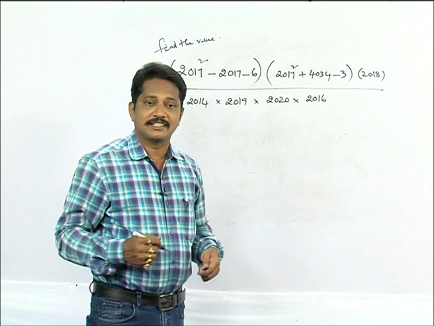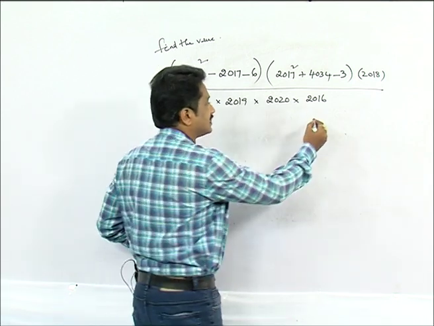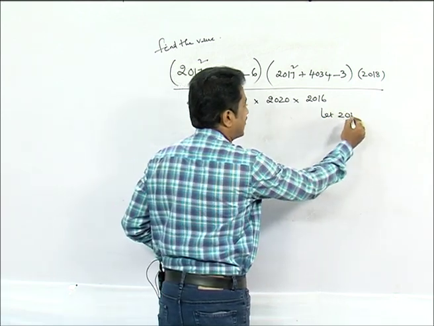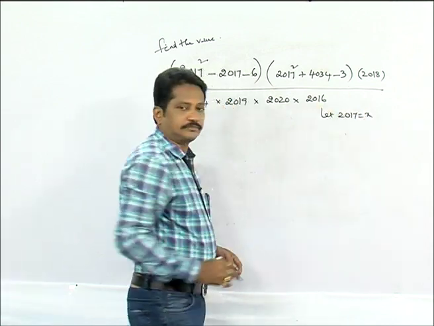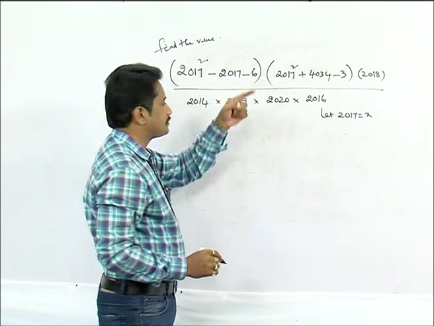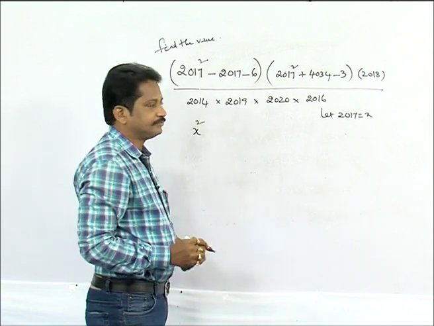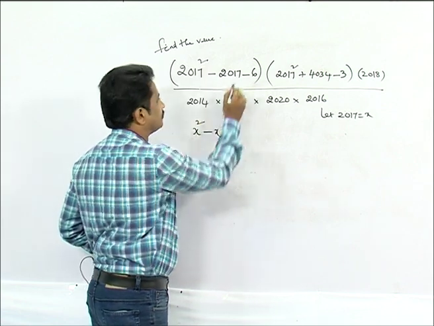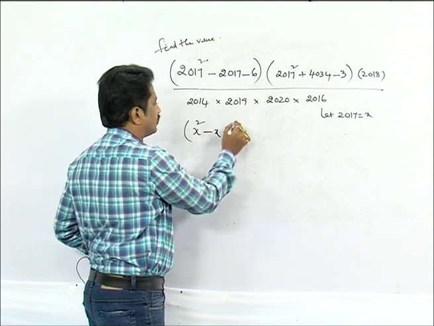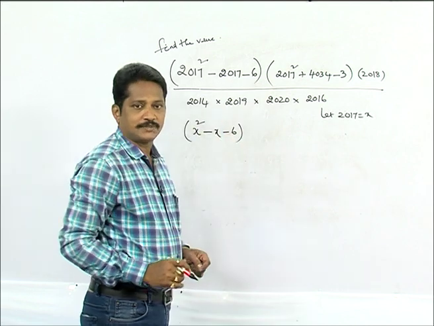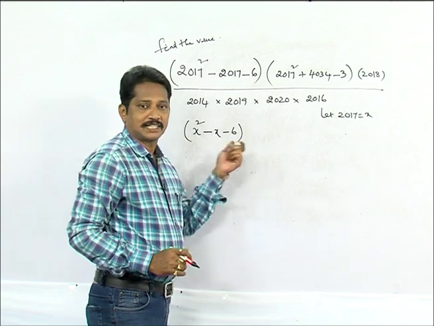So, for that reason I will say let 2017 be x. Now, observe this, this will be x square, correct? This is x and this is 6. So, the first one becomes x square minus x minus 6.